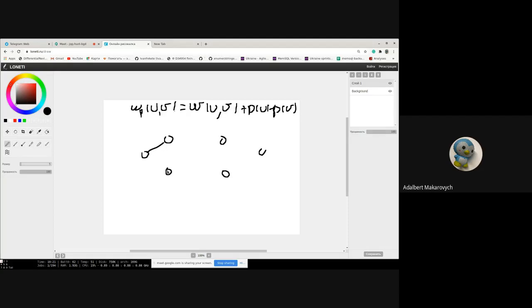Now we can use Dijkstra's algorithm to find the minimal cost augmenting chain. So let's say that we found it.